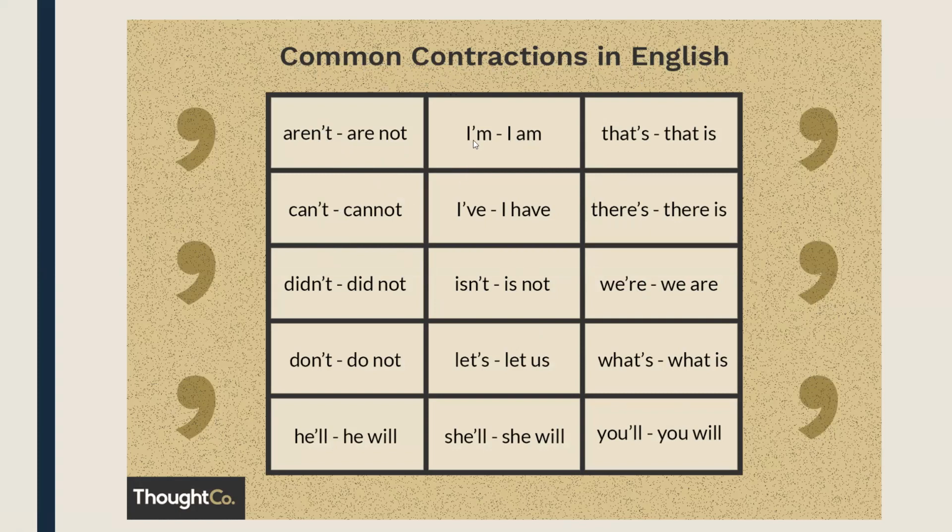I am can be I'm. That is can become that's. There is can become there's. We are can become we're. What is can become what's. You will can become you'll, and so on. Okay.